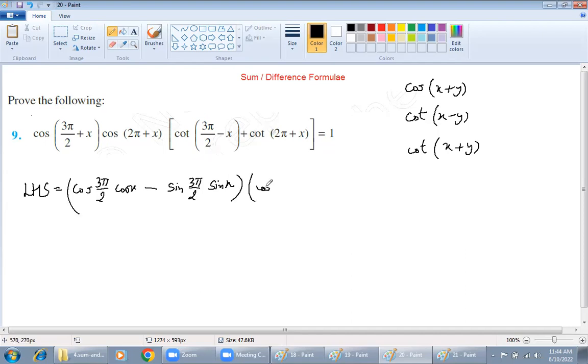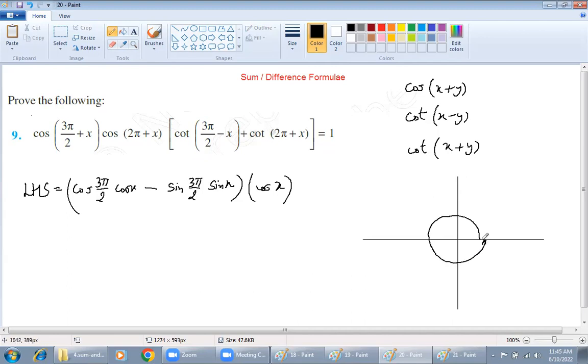So cos 2 pi plus x can be directly written equal to cos x because of the basic reason I explained. Suppose these are the four quadrants. 2 pi means 2 times 180, that means 360 degree.